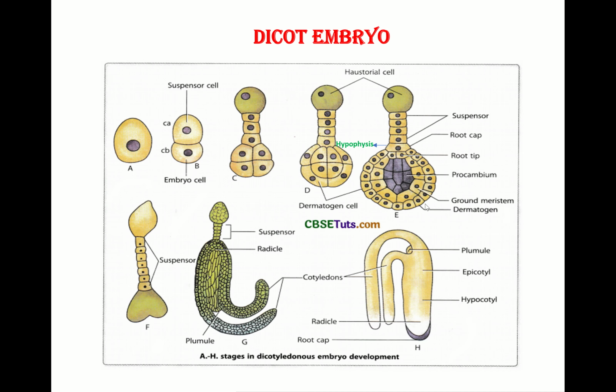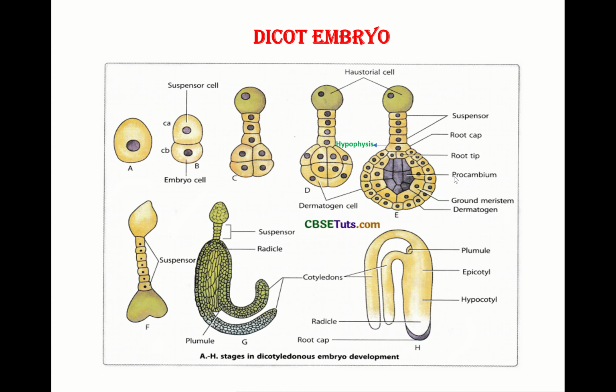Another thing you can see in the diploid embryo is that this globular embryo has an outermost layer called the dermatogen, and the cortex portion forms the ground meristem.